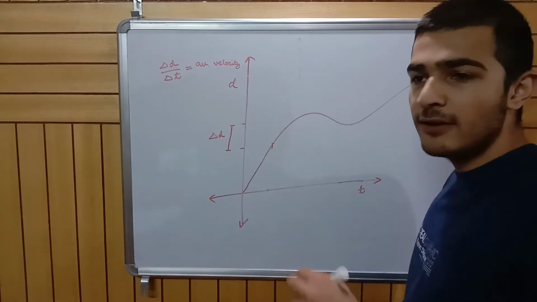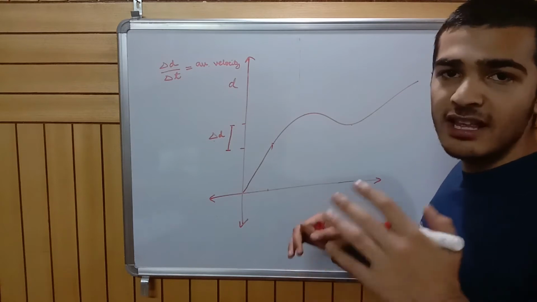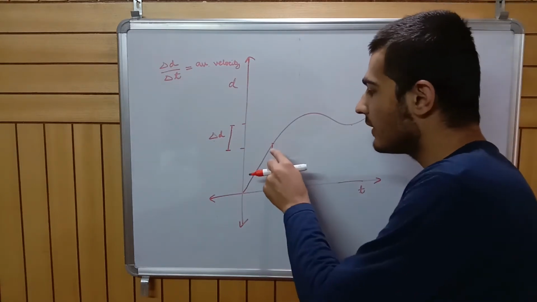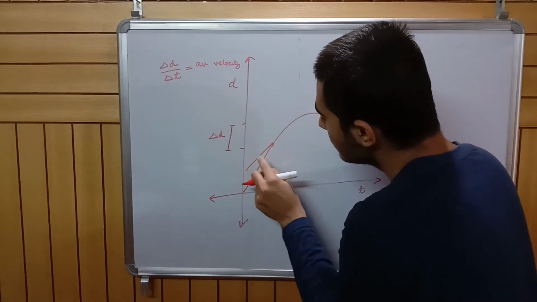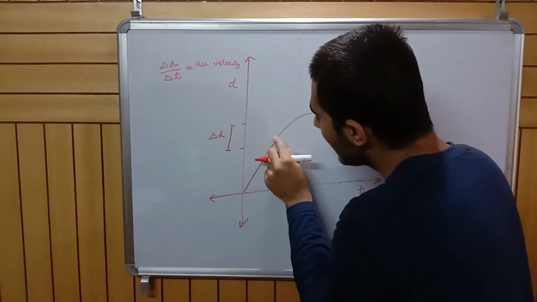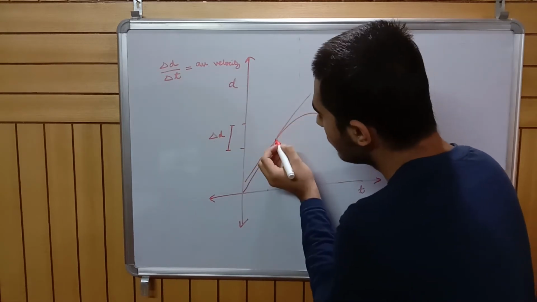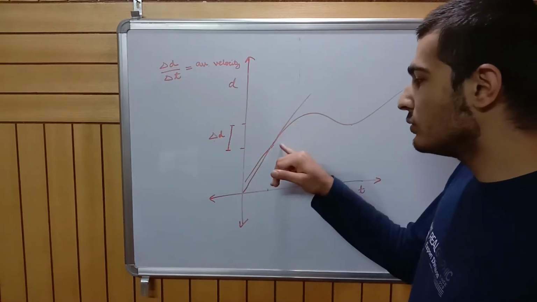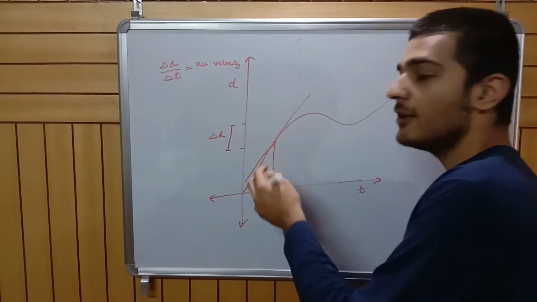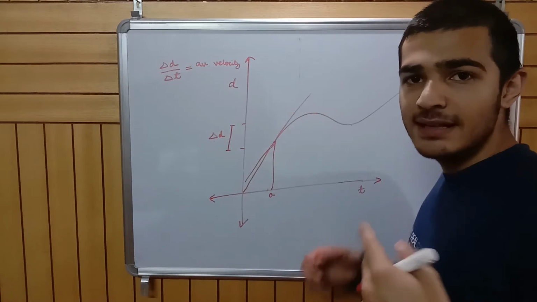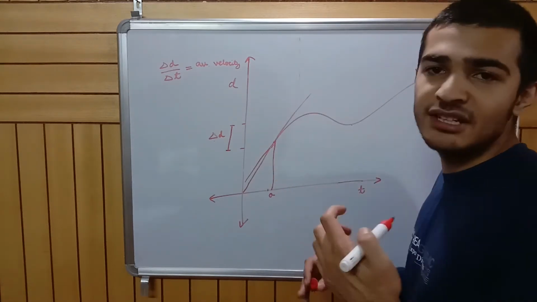When you're driving a car, what the speedometer shows you is the instantaneous velocity. And how do we calculate that graphically? I take the point and draw a tangent to that point, somewhat like this. This is some point, let's say A, and if I find the slope of this tangent, that will be my instantaneous velocity, or generally instantaneous rate of change.